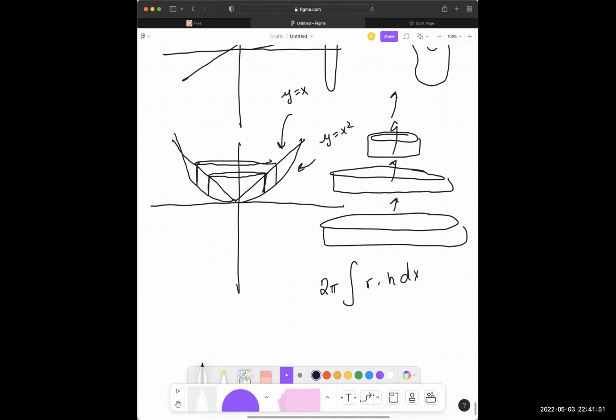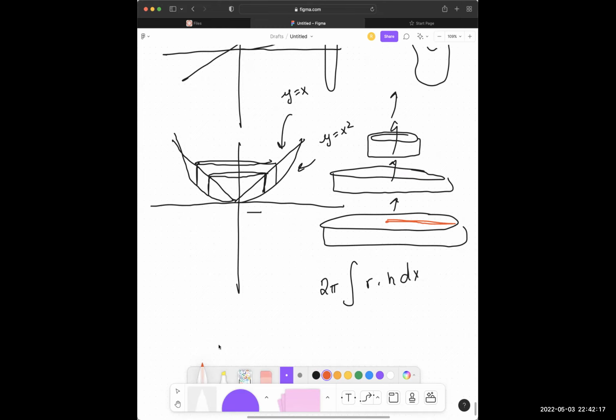So let me ask you this. What will give us the value for the radius? When we're looking for the radius of these shells, we're really trying to find, what is this length here? That's kind of what we're looking for in terms of shells. How can we find the radius of any given shell?